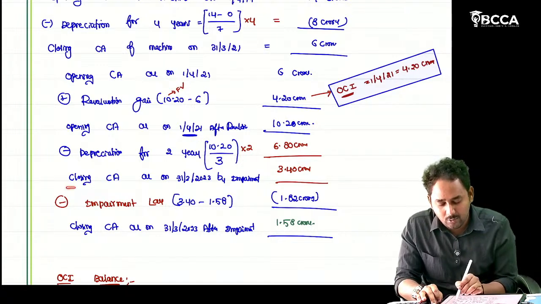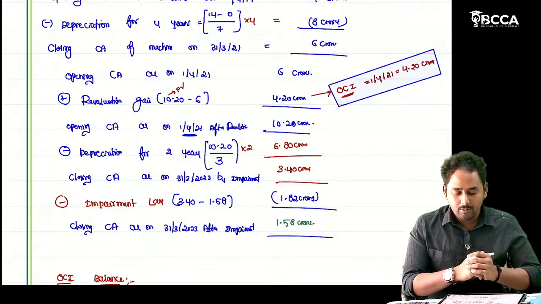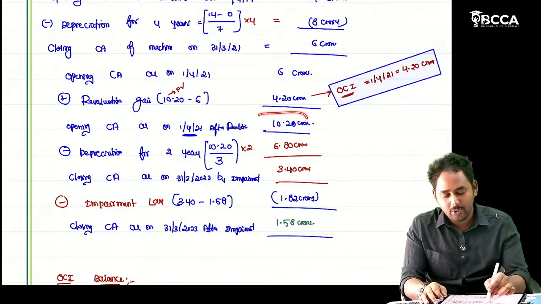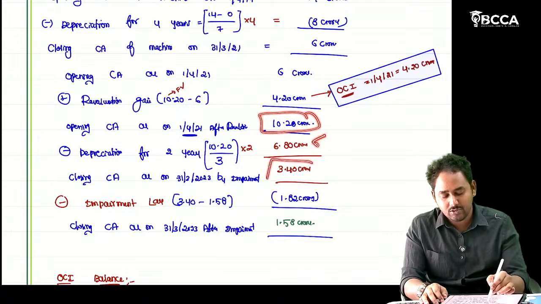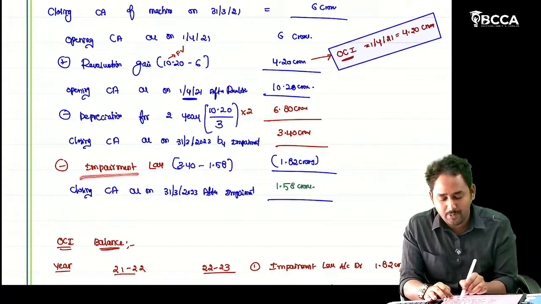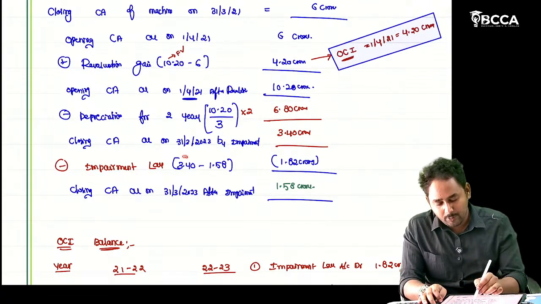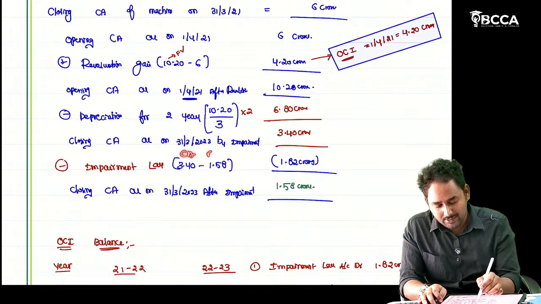Then what is the closing carrying amount as on 31st March 23 before impairment, but after depreciation? 10.20 minus 6.80, then I got 3.40. And I should provide the impairment loss. What is the impairment loss formula?